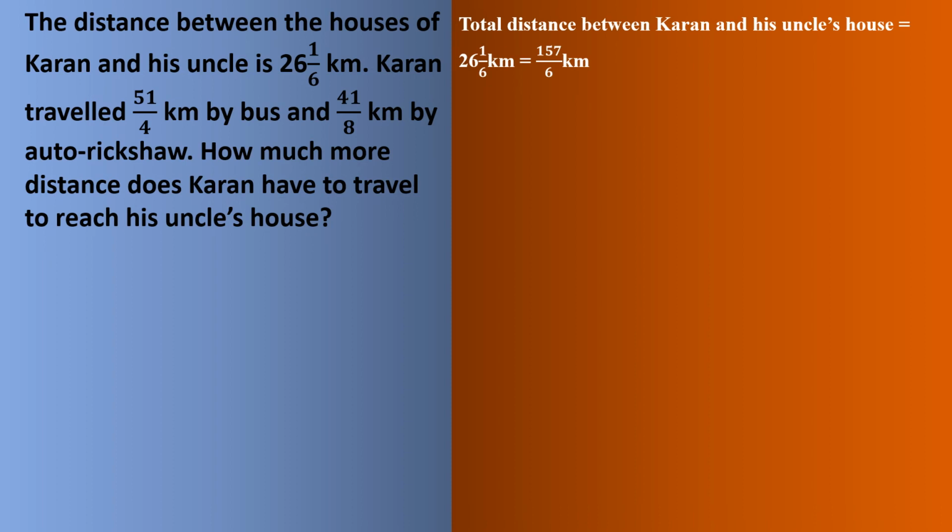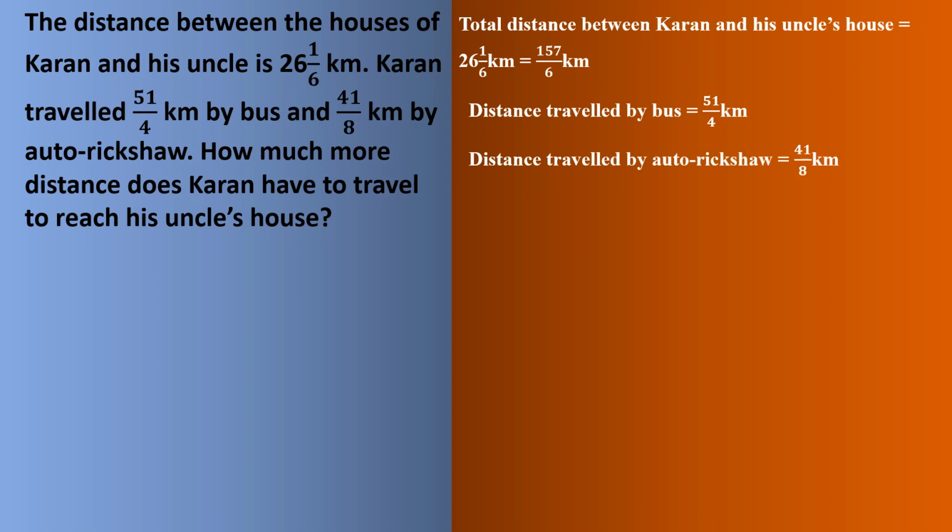Now, Karan travelled 5 1 by 4 kilometer by bus, and distance travelled by auto rickshaw is 4 1 by 8 kilometer. Now, how much more distance does Karan have to travel? At first, we will find out the distance he travelled. So total distance travelled means 5 1 by 4 kilometer plus 4 1 by 8 kilometer.